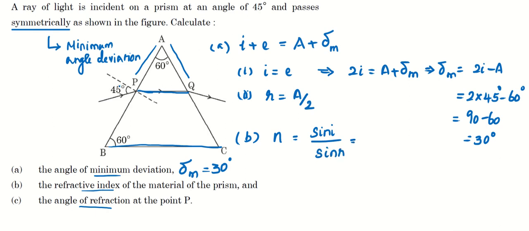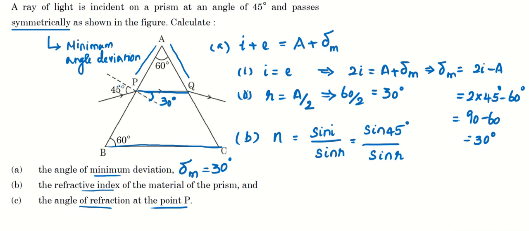So we know here I is 45 degrees and we need to know sin R. So for that, let's solve the angle of refraction at this point P. So we know the angle of refraction equals A divided by 2, which means 60 divided by 2, which is 30 degrees. So here the angle of refraction is 30 degrees. We have already got this angle of refraction, 30 degrees. Now let's substitute that here.